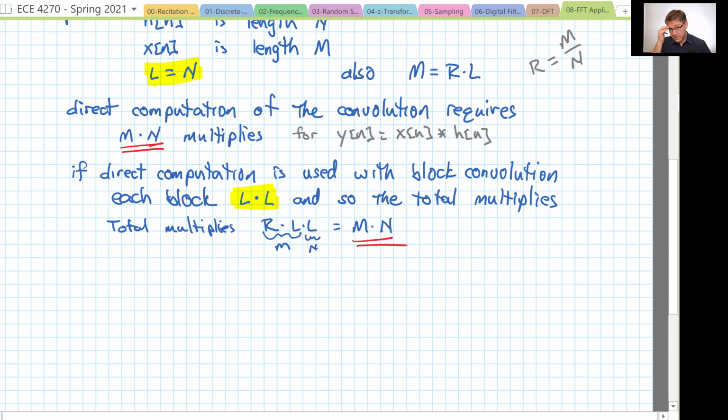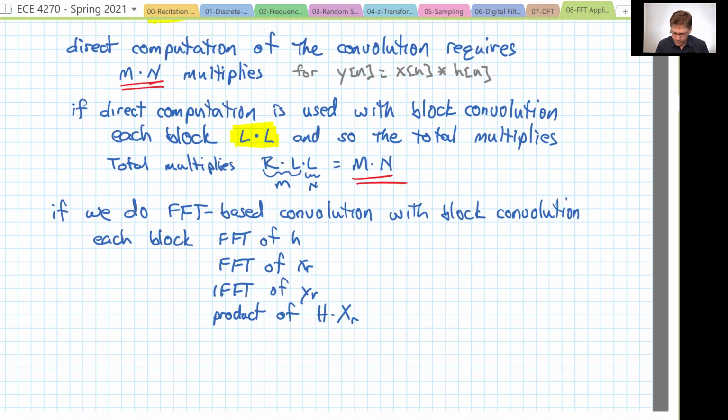So now let's consider what happens if we do FFT-based convolution for each of those blocks. In this case, we have to do a bunch of computations. It's a little bit more complicated. The first one is an FFT of H. Now H is length n, and we'll have to do an FFT of each of the r segments, the X sub r segments. In order to make this work, if H is length n and X sub r is length n, then we're going to have to do a 2n, actually a 2n minus 1, but let's just round it to make the math a little bit easier.